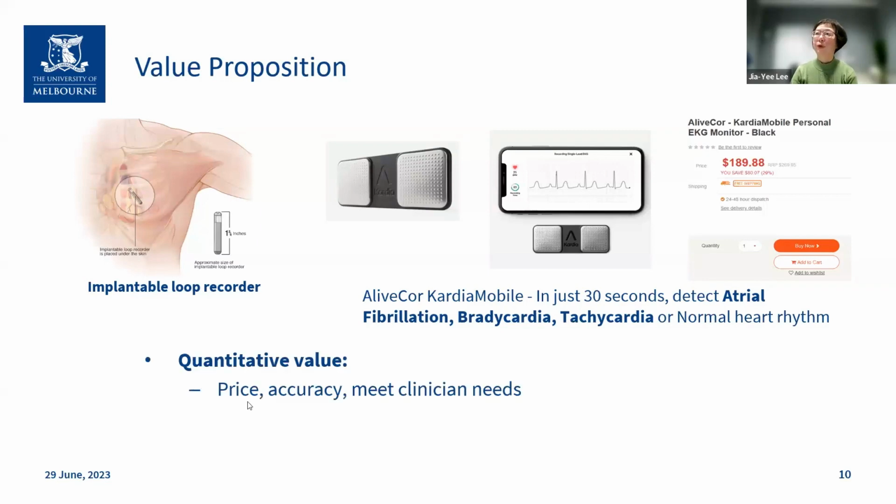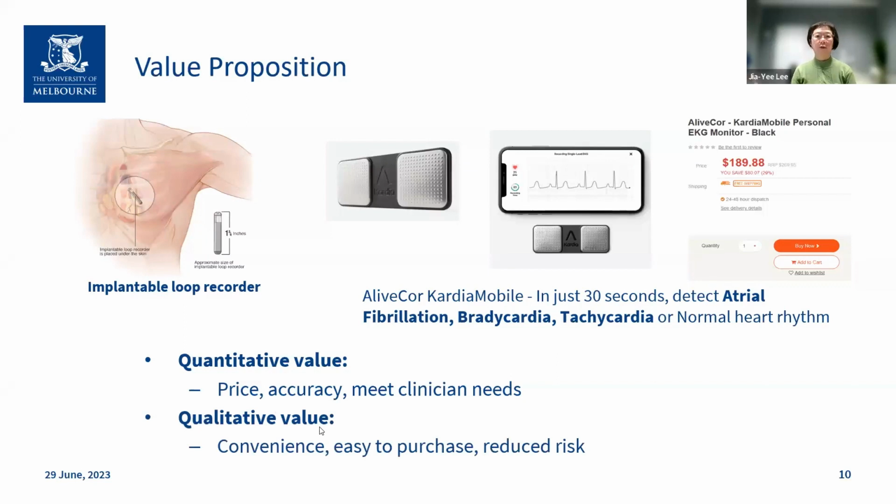So from a price point perspective, that's valuable to me. Accuracy, well, no different to a competitor, if in a particular setting it's important. It meets the clinician's needs, because the cardiologist would say to me, just email me the PDF that is coming out of AliveCore, and I will be able to make some clinical judgments.